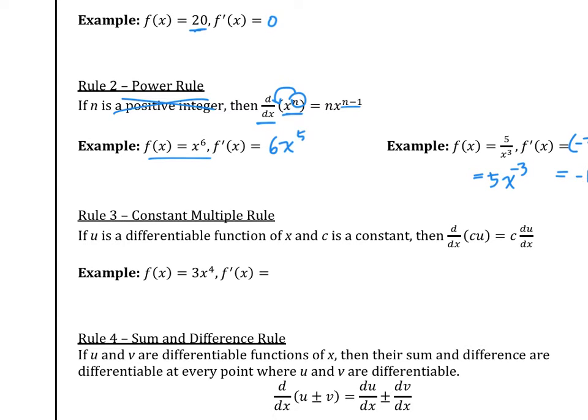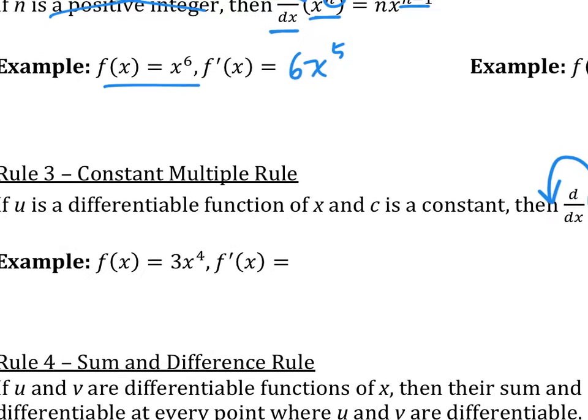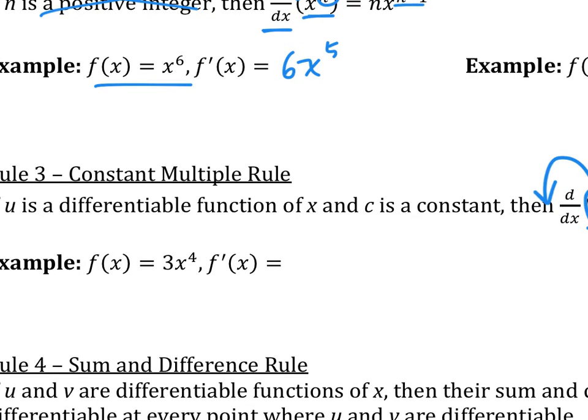Meaning, if you're trying to take the derivative of a whole function with c being a coefficient and u a function, you can just put c in the front and then take the derivative of the function. So for example, if this function were 3x to the 4th, you can put the 3 in the front and then do the power rule. So 4 times x to the power minus 1, and this becomes 12x to the 3rd.